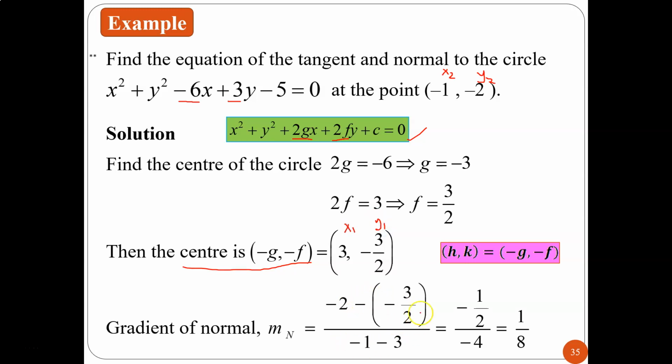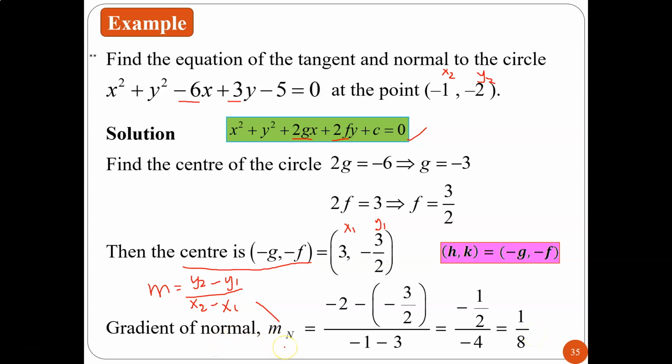So this is using the formula m equal to y2 minus y1 divided by x2 minus x1, like the usual gradient formula, sorry. So you're going to substitute into this, then you get 1 over 8 for m normal.